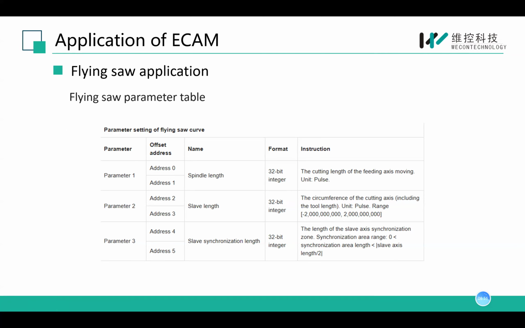If we set the sync zone to occupy too much of the slave length, it might need fast acceleration and deceleration of the slave movement, and it may even cause a failure to generate the ECAM curve.